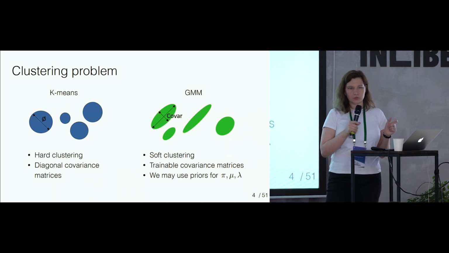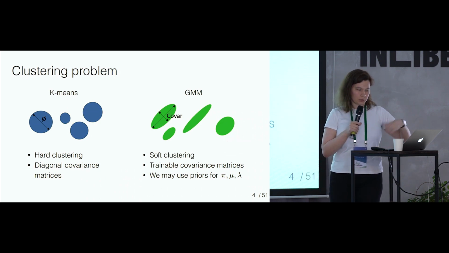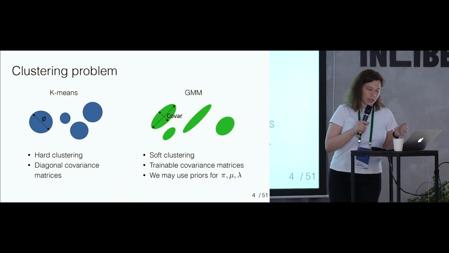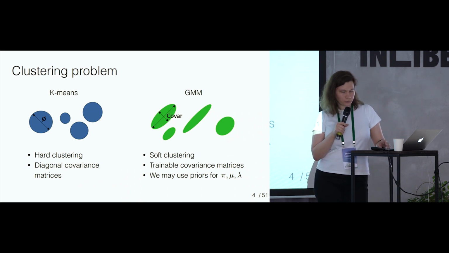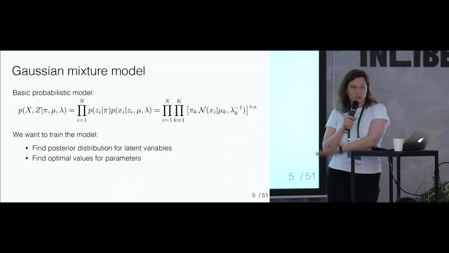So for each point, you find the probability of this point to belong to each cluster. And also your clusters may be not round, but ellipsoid with different covariances. And you may use some priors for parameters of your Gaussians and for P, which is the probabilities of components in the mixture. Is it clear? OK. So this is the most simple Gaussian mixture model.